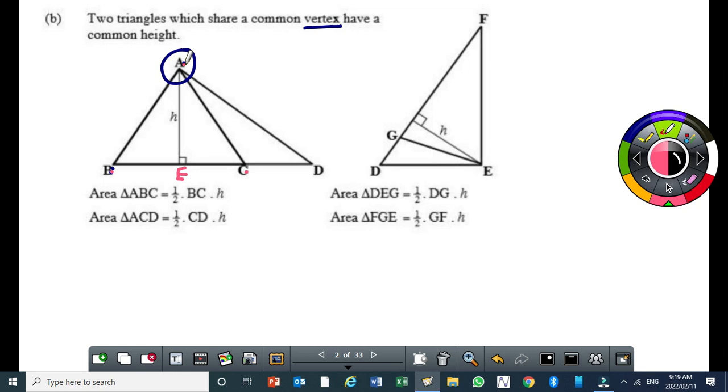Now, this concept is very, very important when you're doing calculations later on the proportion theorem, which I might introduce on Monday, but if I have time, maybe I might talk about before this lesson ends. So you have to know that if triangles share a common vertex, it therefore means that they have a common height. But that is only true if their bases have points that are collinear.